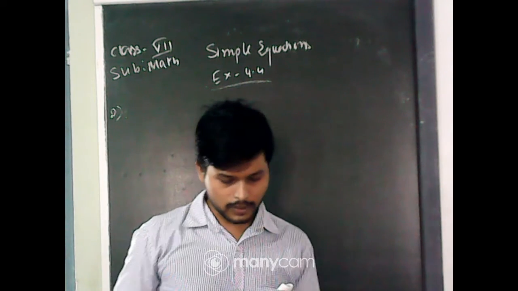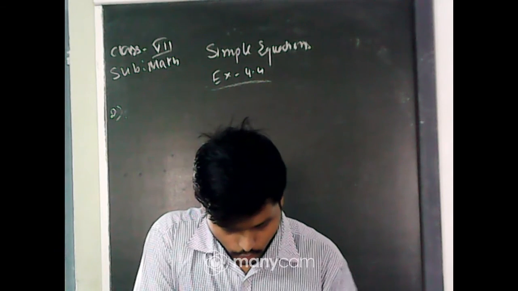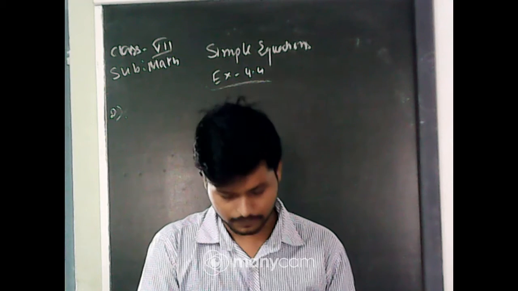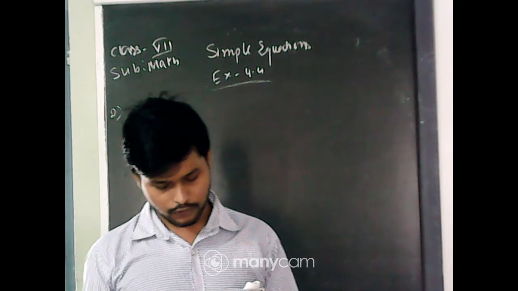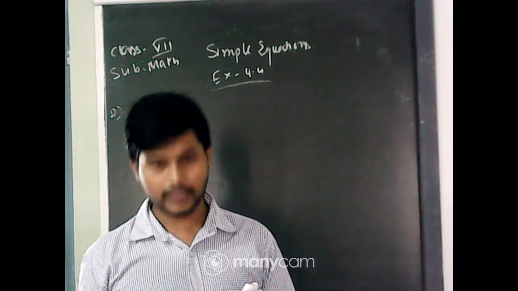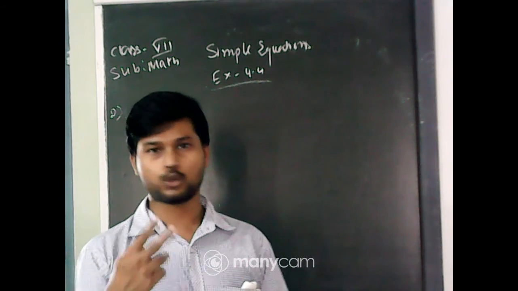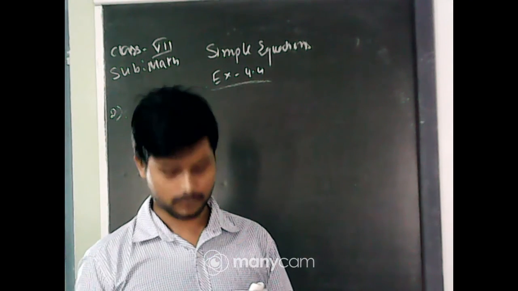Look, question number C says that Sachin scored twice as many runs as Rahul. Together, their runs fell too short of a double century. Too short means two runs only.